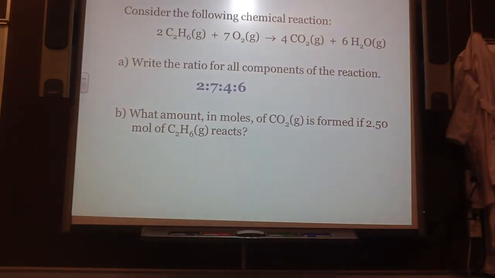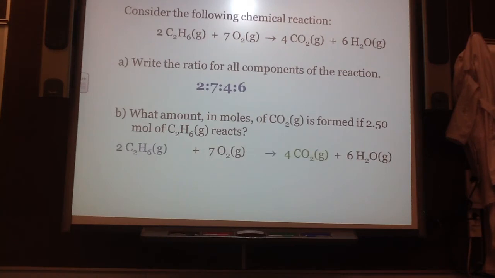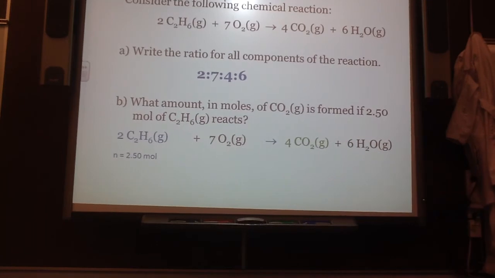Okay, very good. So what amount in moles of CO2 is formed if 2.5 moles of ethane reacts? Always write your information right underneath what you're talking about.